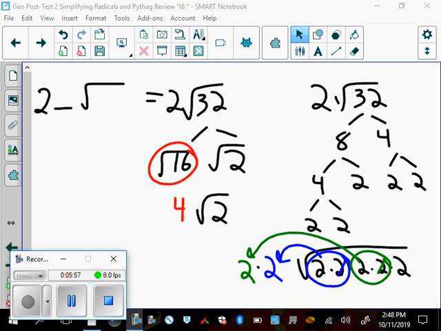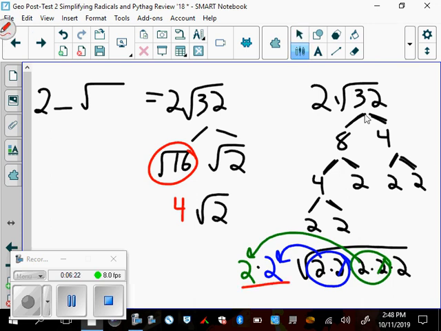If I use the prime factorization method, I keep breaking the numbers apart until I have prime numbers, and I end up with 2, 2, 2, 2, 2. Ballerinas might be excited about that. You might be like, holy twos. But regardless, I had one pair break out, which I did in blue, another pair break out, which I did in green, and when they break out, they multiply together.